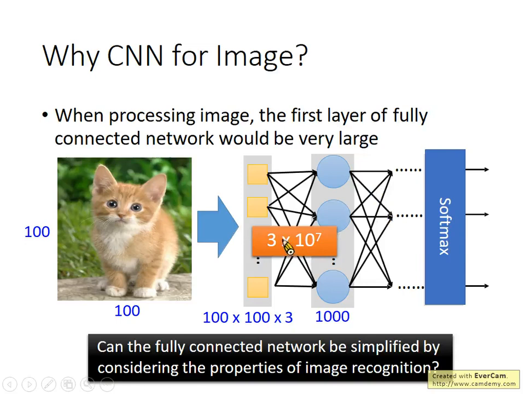So if we use a fully connected network to describe an image, we need to estimate many weights in this deep framework. So the question is, can we simplify the fully connected network by considering the property of image recognition, so that we have many fewer weights to be estimated, and at the same time we can also achieve good performance? This is the problem.